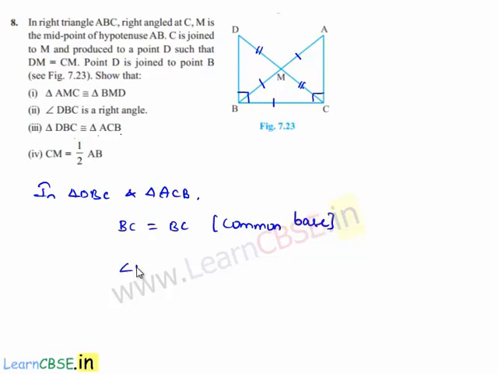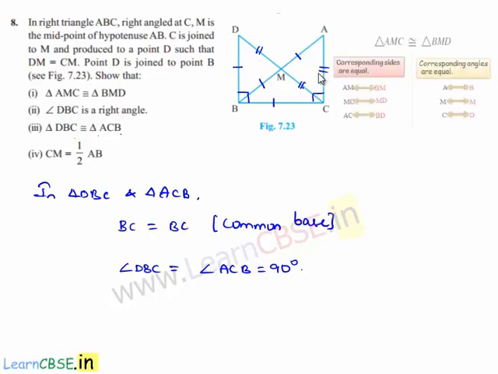Second, angle DBC is equal to angle ACB, which is equal to 90 degrees. And third, AC is equal to BD, since in the first proof we proved that triangle AMC is congruent to triangle BMD. From that congruency, AC and BD are corresponding sides, so AC is equal to BD.